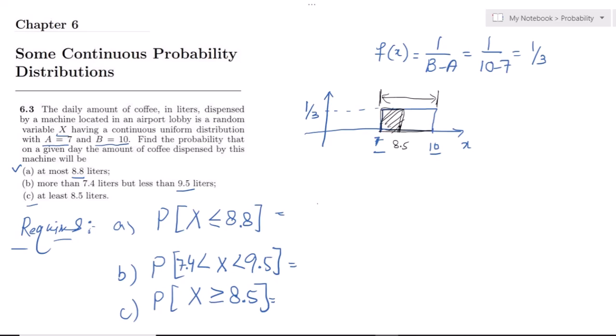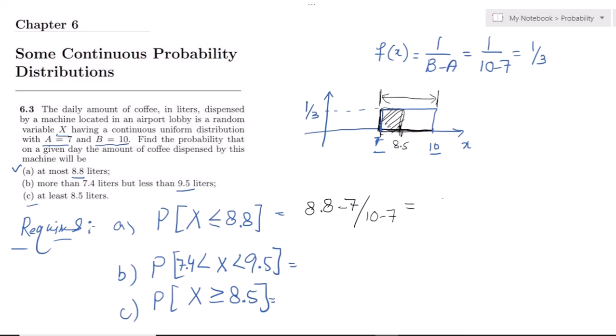Or, since the height of both of them will be the same, the numerator and denominator will cancel out, so we have to rely upon these lengths. This is the length we want to find the probability of. So 8.8 minus 7 divided by 10 minus 7.